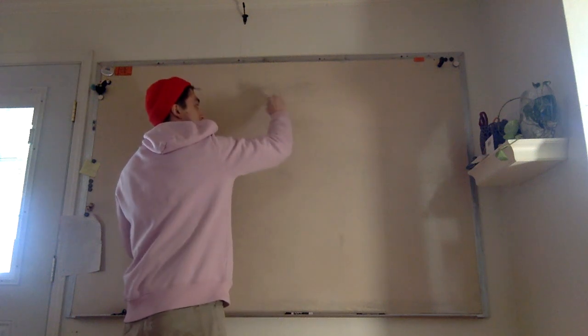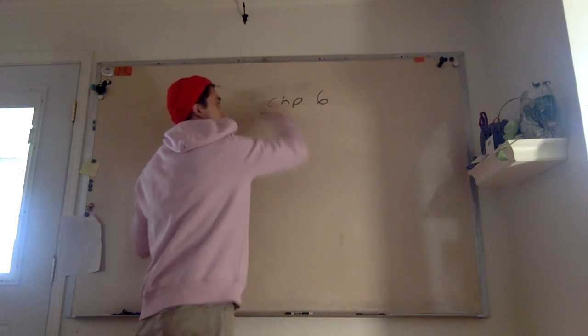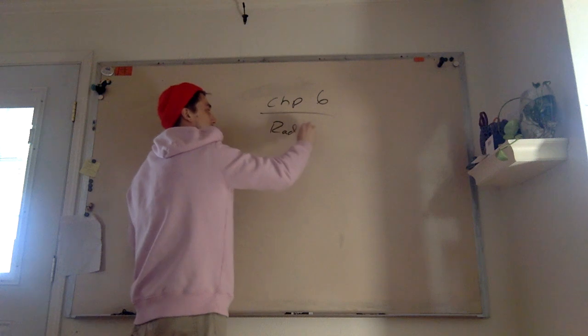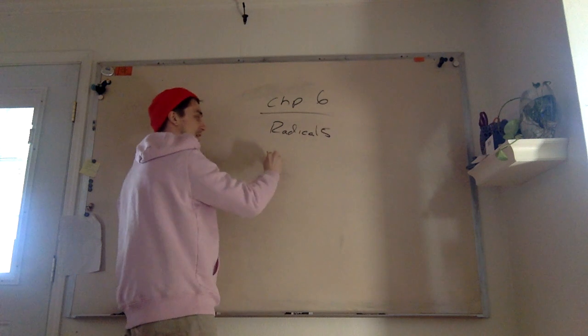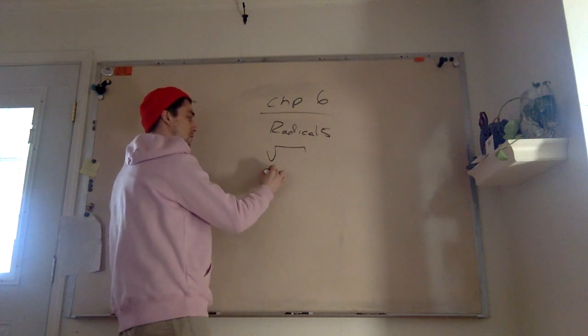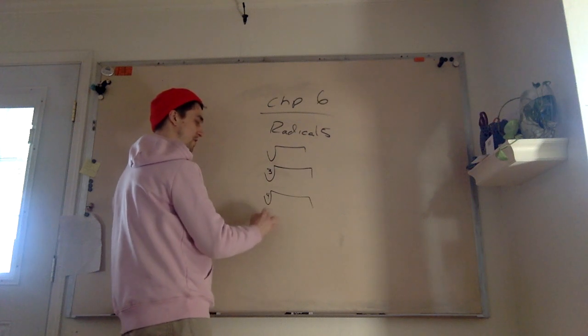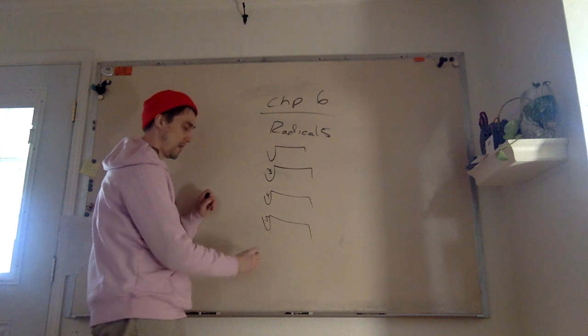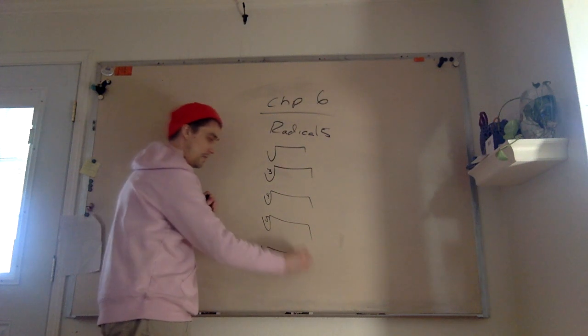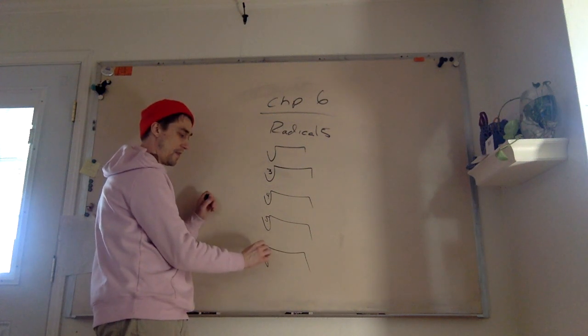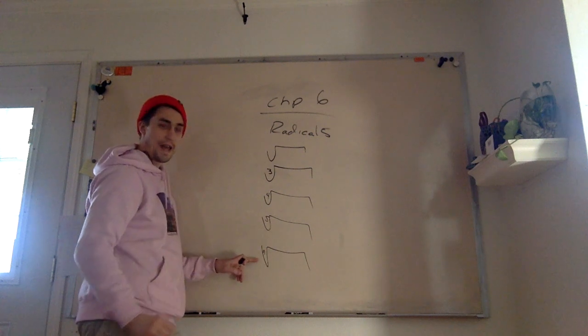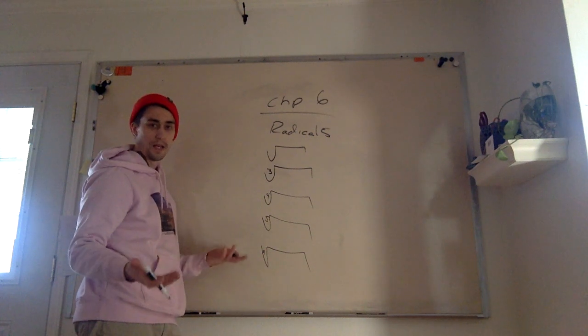Chapter 6. All about radicals. So we've been talking about square root, cube root, fourth root maybe. I'm just going to write fifth root here just to make a point. And then normally people would do the nth root, where you just write n there to say it could be anything.